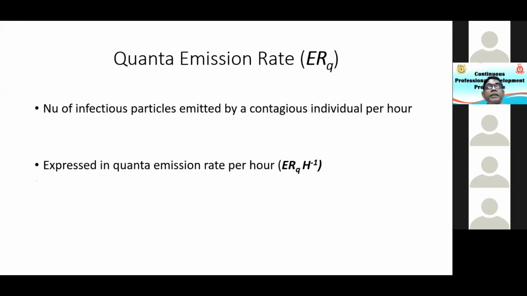This quanta emission rate is expressed per hour. Generally, it is believed that a contagious asymptomatic or post-symptomatic person emits around 50 infectious droplets per minute.